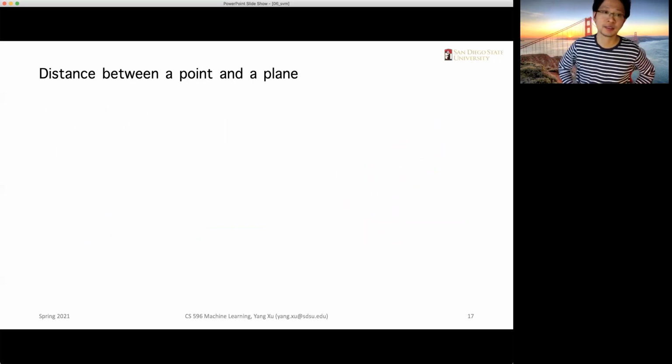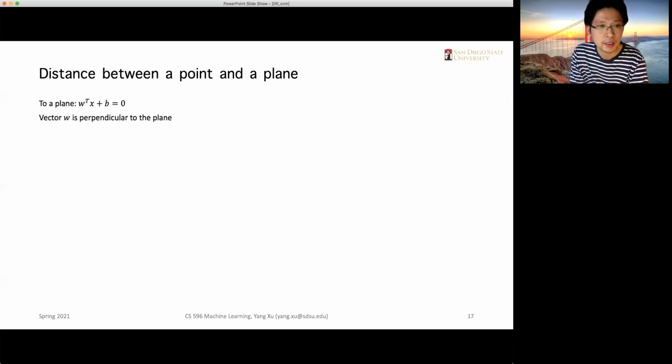All right. Let's look at this general question. How do we find the distance between any point in space and the plane? Think about that. We basically need to make the projection, right? We want to find the projection of that point to the plane. So to such a plane, W transpose times x plus b equals 0, the vector W is actually perpendicular to the plane.